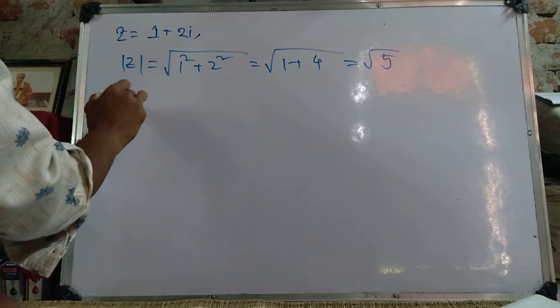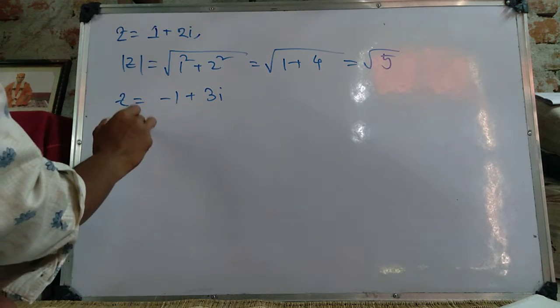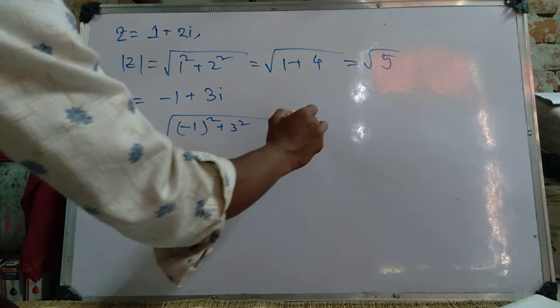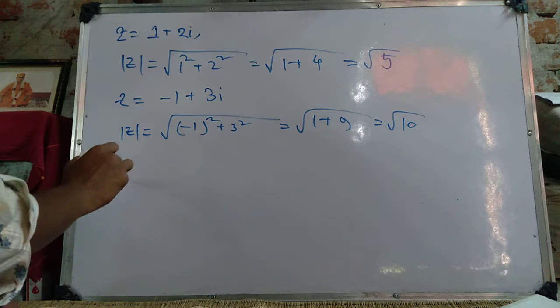z = −1 + 3i, then |z| equals the square root of (−1) squared plus 3 squared, equals 1 + 9, equals square root of 10.